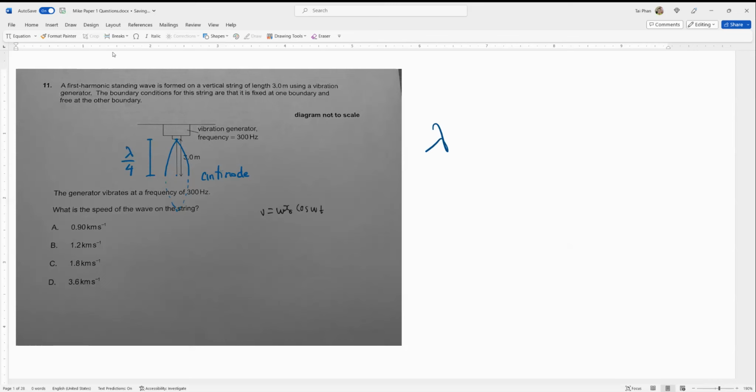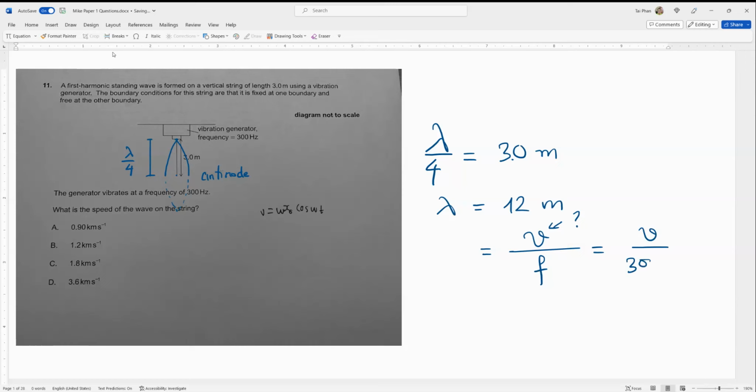So lambda over 4 equals 3 meters, and the wavelength is 4 times 3, 12 meters. The wavelength equals the speed of the wave, which we need to find, divided by the frequency f.